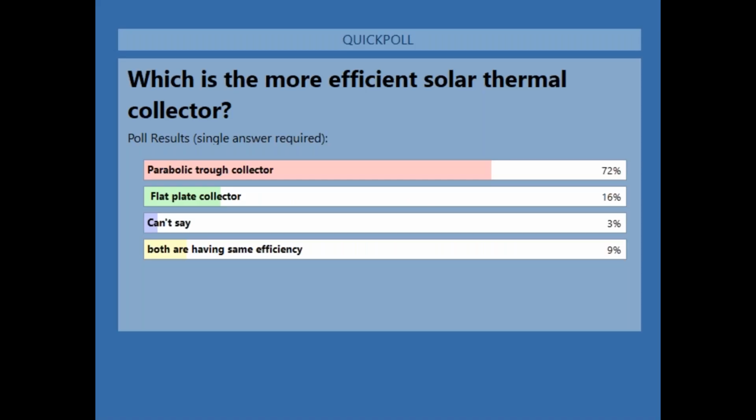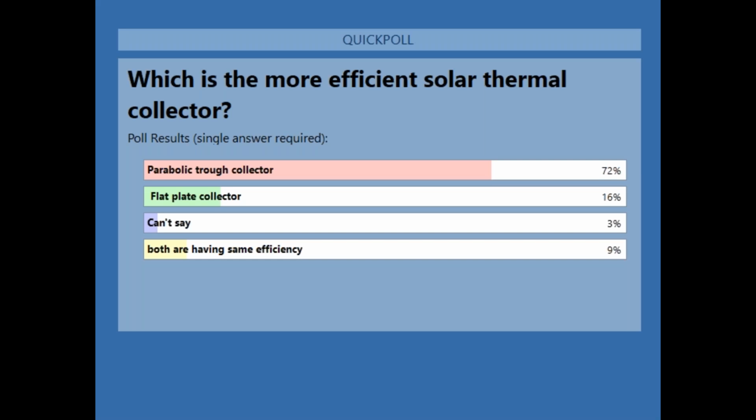So the poll results are, as you can see, 72% for parabolic trough collector, 16% for flat plate collector, 9% say both have the same efficiency, and 3% can't say. So, Professor Iqbal, your comments, please. Yes, sir. The answer is correct.